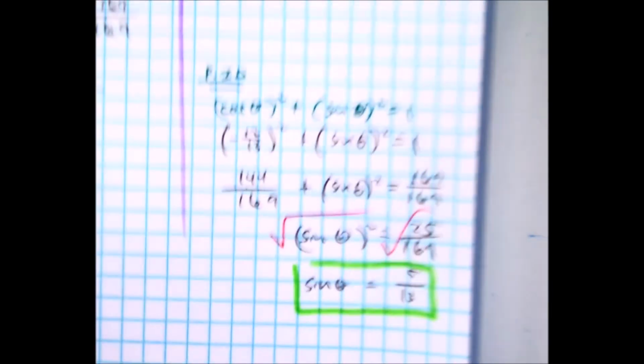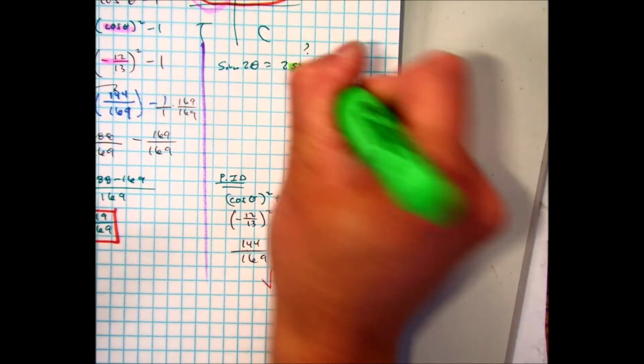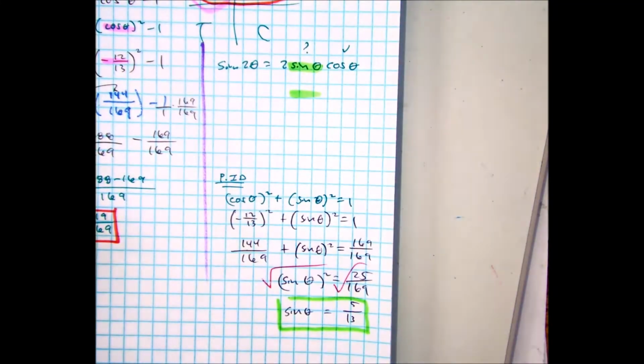So now with that value of 5 over 13, I can just go back up here and do my substitution. Cosine, which we already know, is in pink.